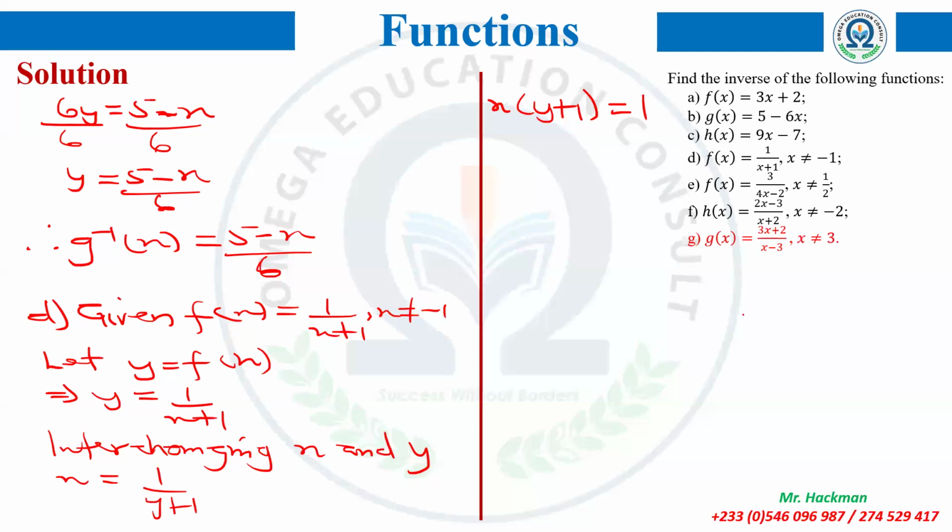Go on. If you come and write x times y plus 1 for this side, usually you write it this way, wrong. What is the difference between this and that? I want someone to tell me, if indeed there is.